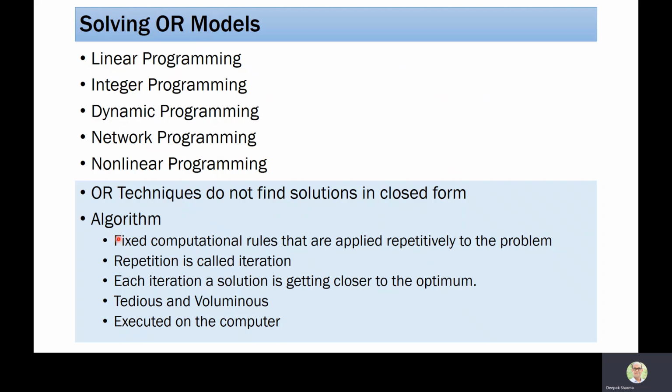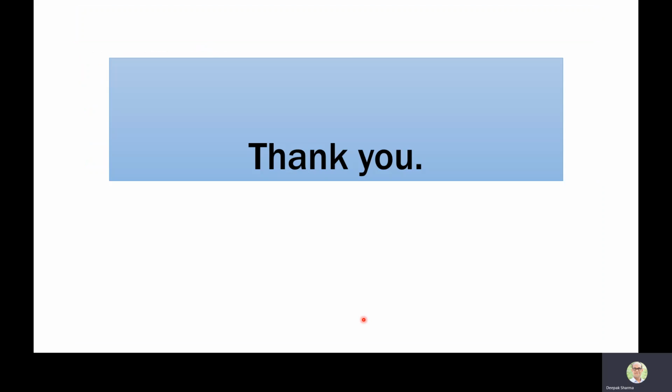Since the computational rules have to be applied in every iteration, this task is tedious and voluminous. So instead of doing it by hand, we make a program and execute it on the computer. That's why these algorithms are executed on the computer to get the optimum solution for the given problem.